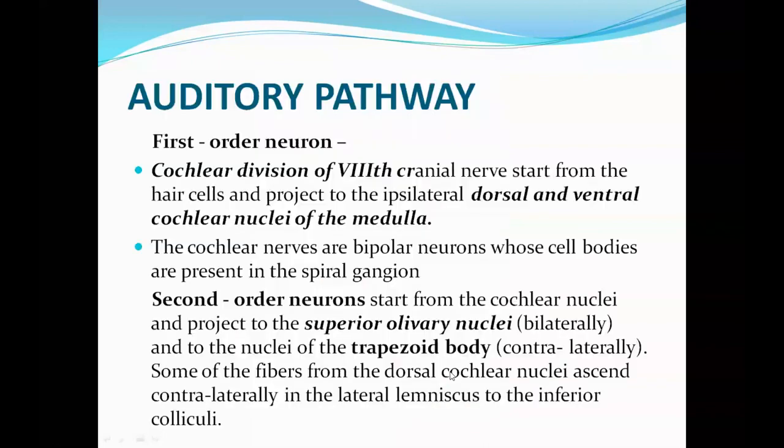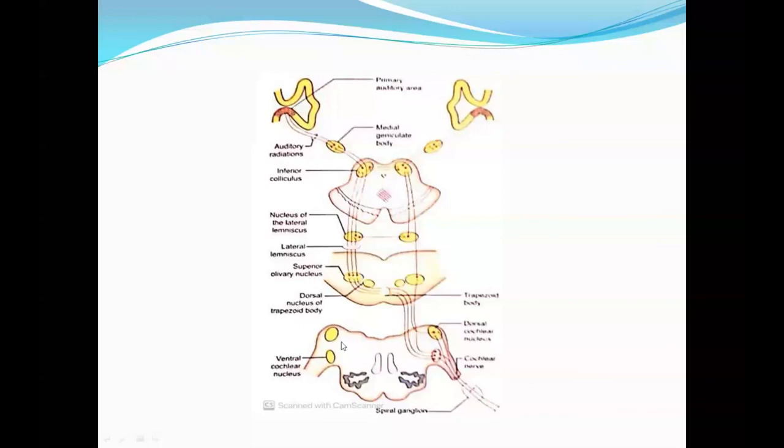Then the second order neuron starts from the cochlear nuclei and projects into the superior olivary nucleus and trapezoid body, bilaterally and contralaterally, respectively. See, here we can see these are from the dorsal cochlear nuclei and ventral cochlear nuclei. The fibers go upwards. They end up in the superior olivary nucleus and trapezoid body.